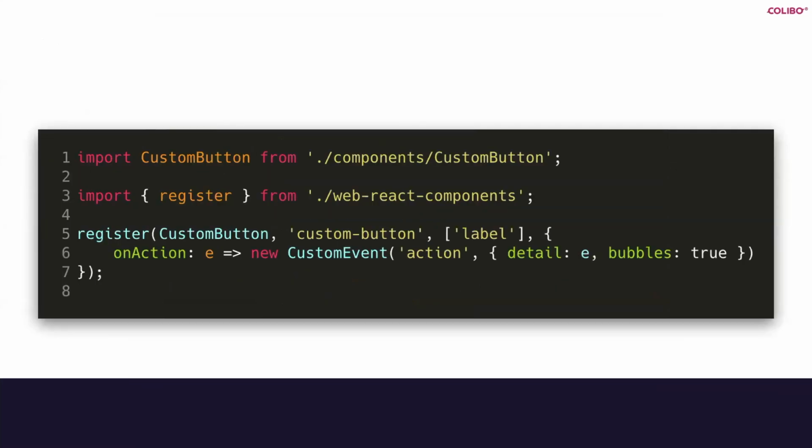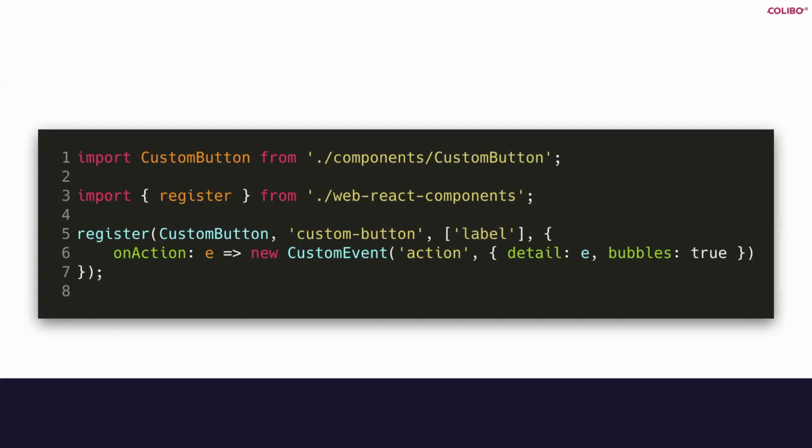Then it looks a lot like the other two, where you import a function from the special library that wraps your component and gives you back an instance that you can then register. One thing to note though is that they're even more explicit about what properties should be kept in sync from the web component, or from the custom element, to the React component.